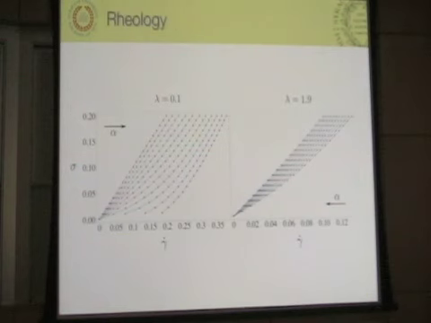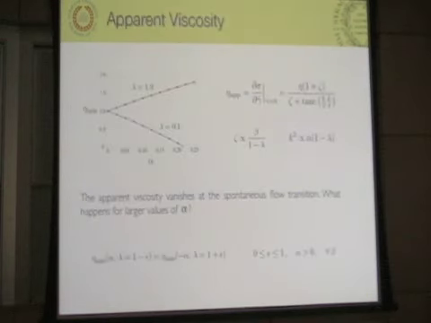If I increase alpha here in the flow aligning regime, instead the slope is increasing, so there is an increase in the apparent viscosity. So in order to understand this a little better, it's possible to do a perturbation theory in sigma, so in the value of the stress tensor itself. The linear order is simple and accurate enough to predict the apparent viscosity. So eta here is the bare viscosity of the solvent.